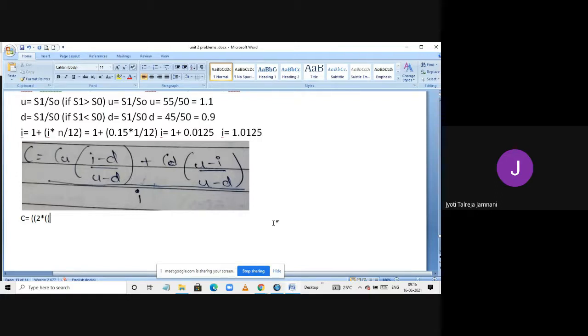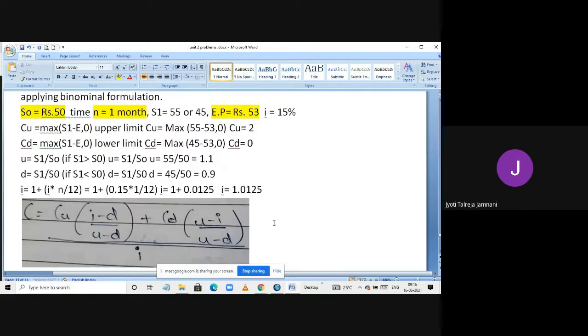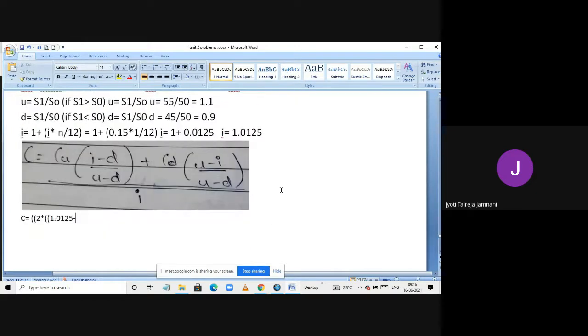I minus D. I is 1.0125 minus D. D is the downward value, 0.9. First we'll subtract this and then we'll divide it by U minus D. You found out it was 1.1 minus 0.9. So we will subtract both and divide them. This is the first part. To this we will add plus CD. CD was 0.